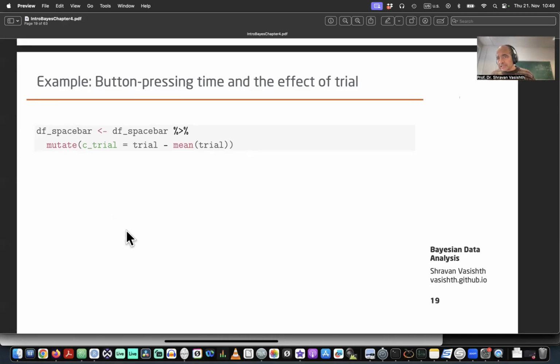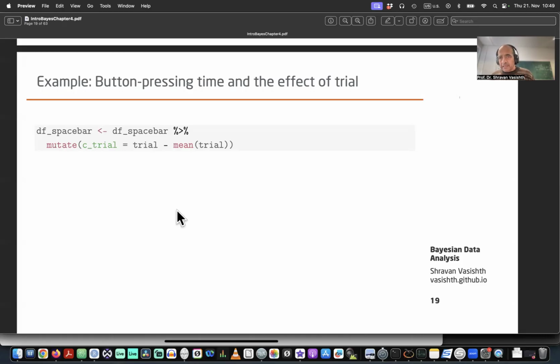Otherwise, if you did not center the trial column and worked just with the trial column, the meaning of the intercept would be somewhat unrealistic, because then the intercept means that when the trial ID is 0, the predicted button pressing time is whatever the intercept estimate is.